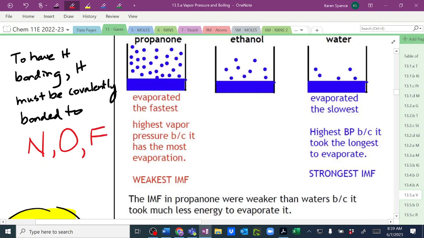And why those 3? Because those 3 are the most electronegative elements.